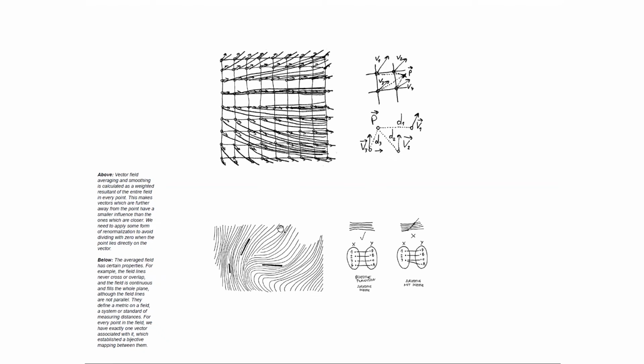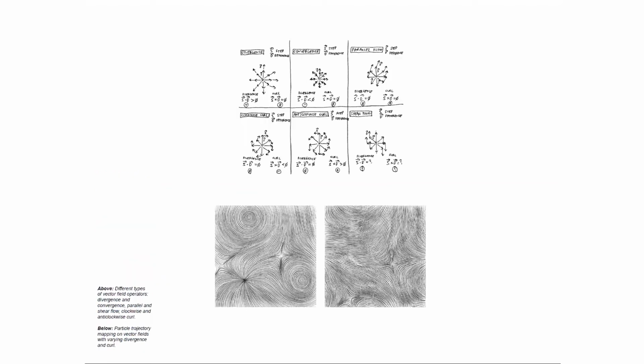This field has certain properties, like, for example, we can define these flow lines, and these flow lines never intersect. Their density changes, but there's never an intersection of these flow lines. We'll try to do this example, and then there's something that we will not really do, but it continues from there.